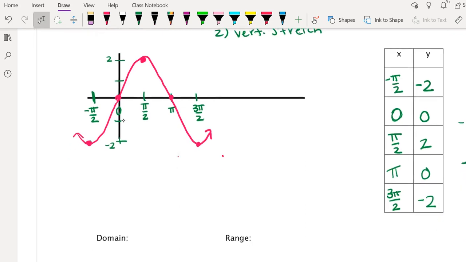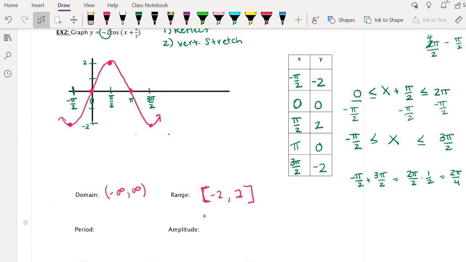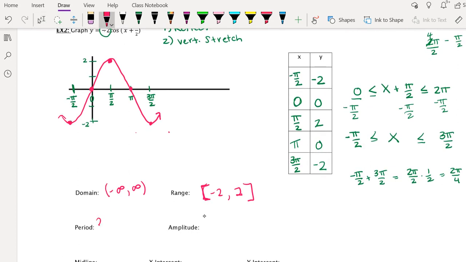If I look at the domain, periodic functions are always going to go from negative infinity to positive infinity. The range, in this case, is from negative 2, and I'm going to use brackets this time, to positive 2, and it's inclusive. The period has to do with the b value. There is no coefficient of b, so 2 pi divided by 1 is just a period of 2 pi.